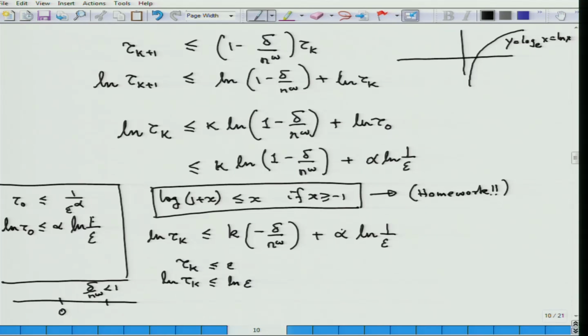So, we would like to see if this expression, k times minus delta by n omega plus alpha ln 1 minus epsilon, is less than or equal to log of epsilon, then it is guaranteed that log tau k is less than epsilon and tau k is also less than epsilon. So, this will at least give me the number of steps required to reach this.